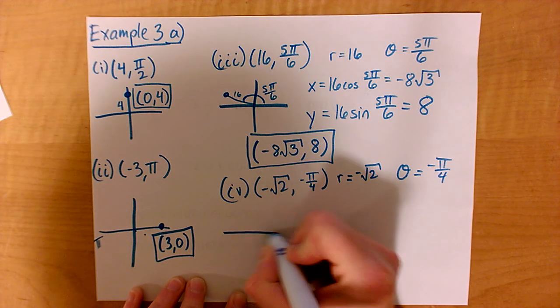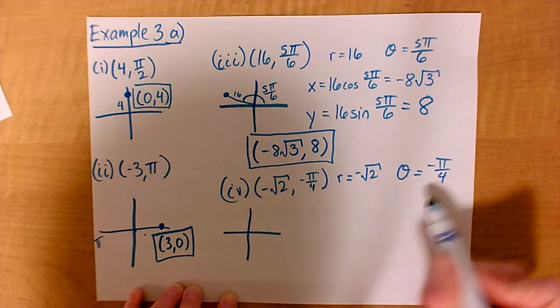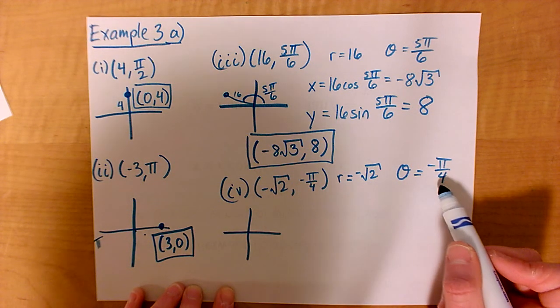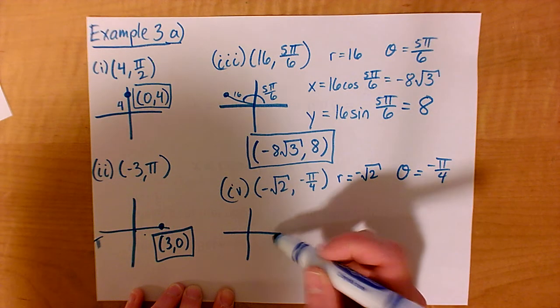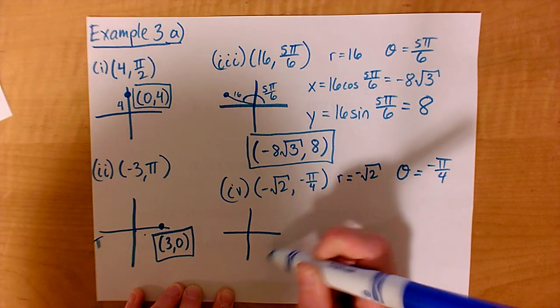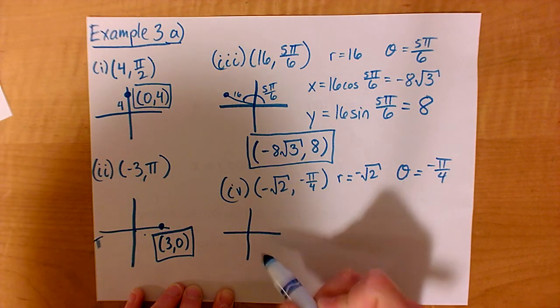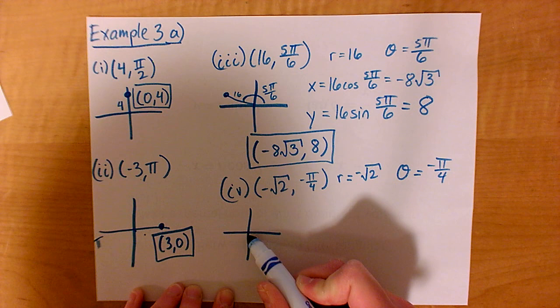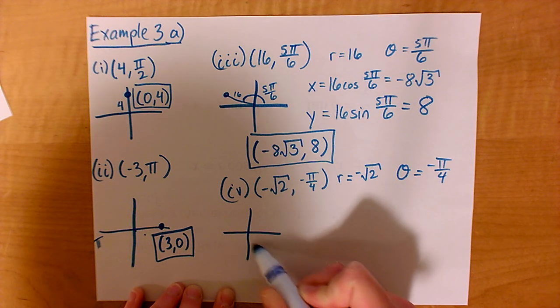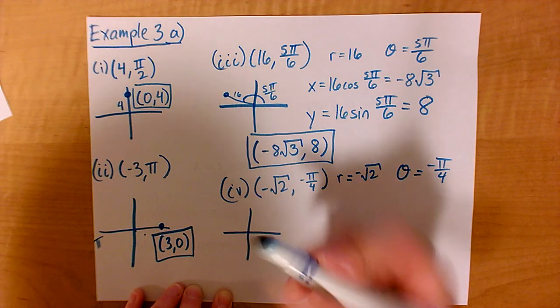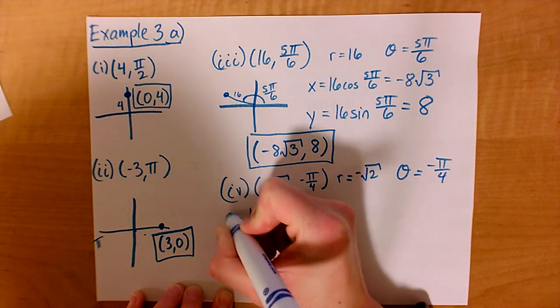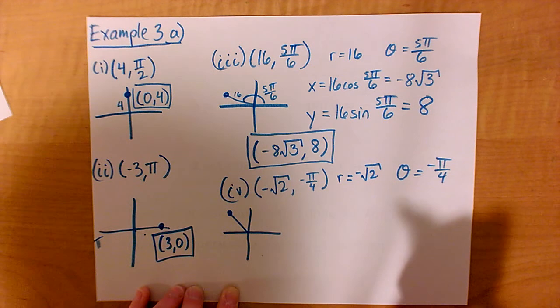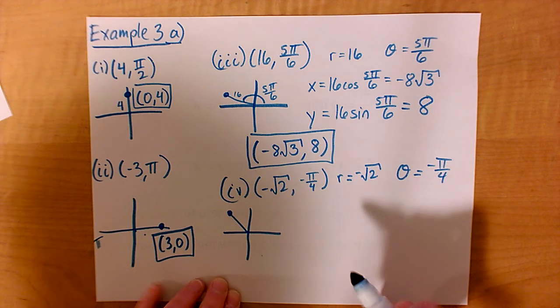If we just picture where this is on the graph, negative pi over 4 means we would be going in an angle in this direction, going down from our positive x-axis. So we would think that it would be right here, but our radius is negative root 2, so that flips us to the other side, and we end up right there.